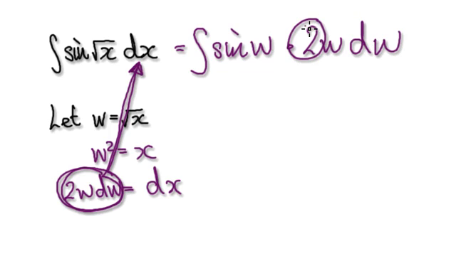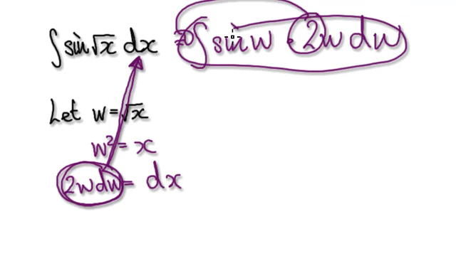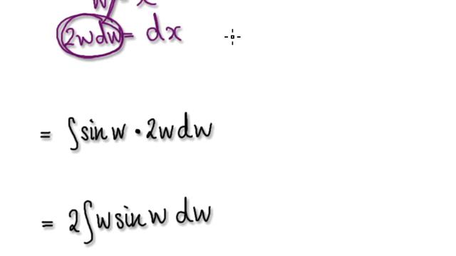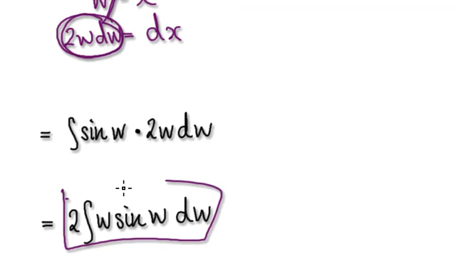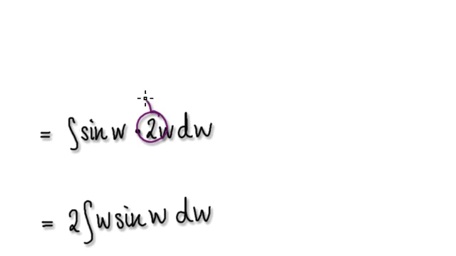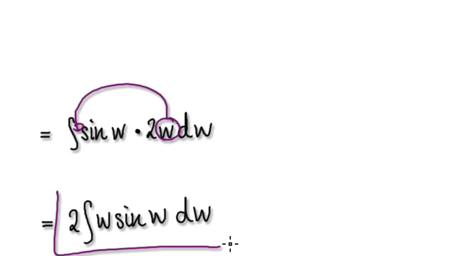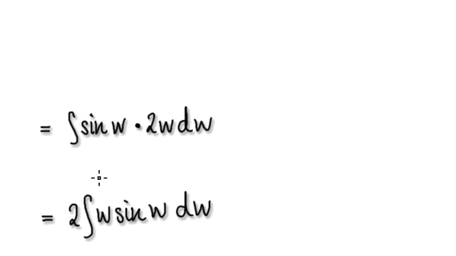You see, now this 2 here is a constant. Take it out, and then rewrite this, and it will give you this. We're just moving the w in front of the sine. So now it looks like this.